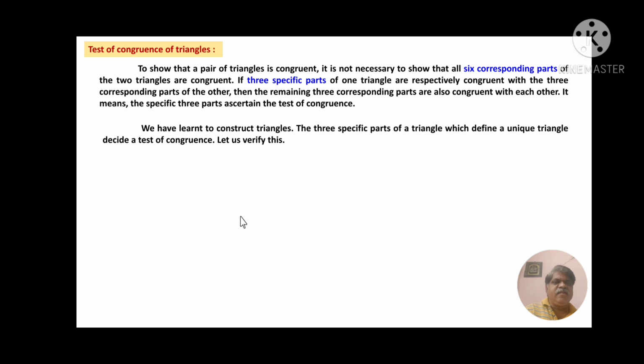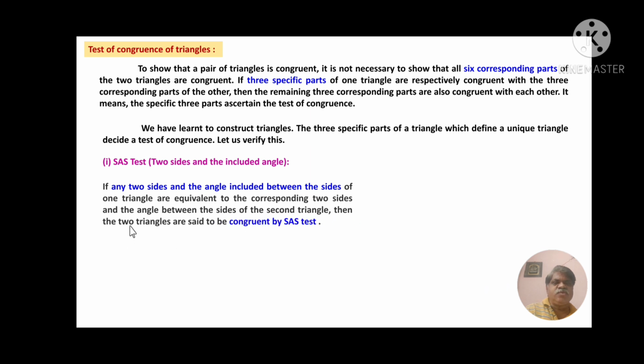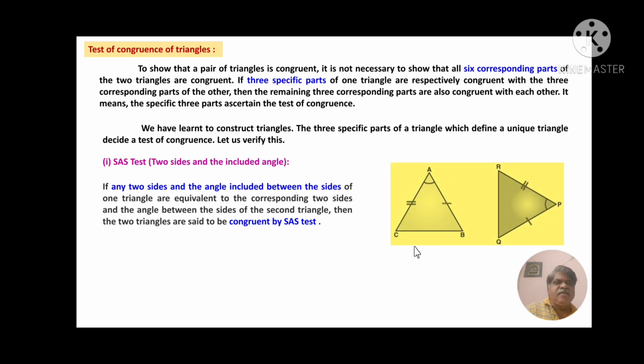Let us verify this. SAS test, that is two sides and the included angle. Friends, if any two sides and the angle included between the sides of one triangle are equivalent to the corresponding two sides and the angle between the sides of the second triangle, then the two triangles are said to be congruent by SAS test. You can see in the adjoining figure, triangle ABC and triangle PQR.